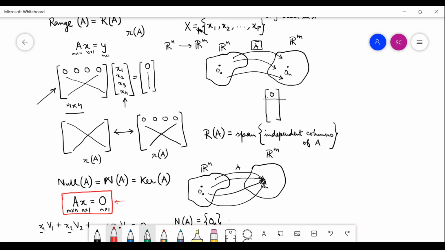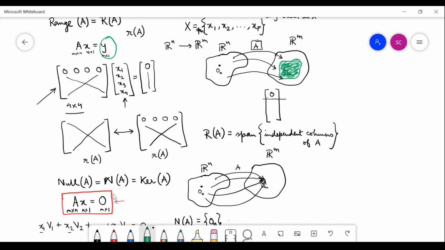The concept is like this: the range space is a subset of the space where A takes us, where we are landing. It is either the total Rm space or a subset of that space.